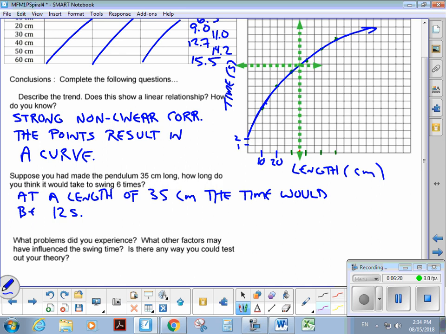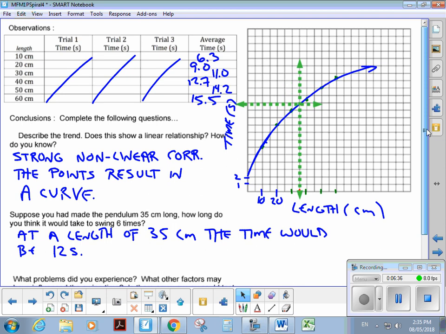Suppose you had made the pendulum 35 centimeters long. All right, I see what this question's asking. So this is, again, the time for one swing, how long it takes for one swing to occur.